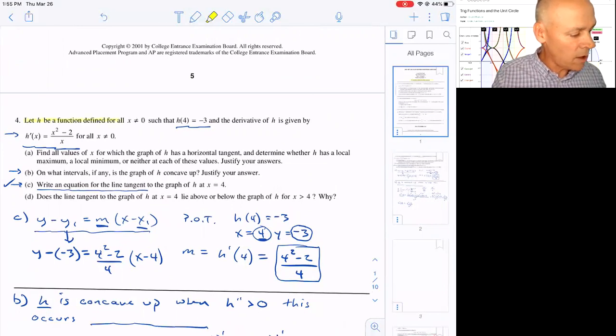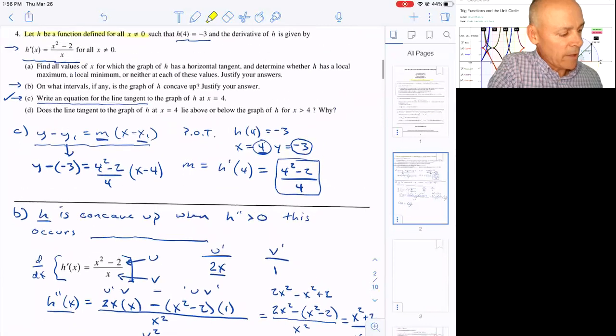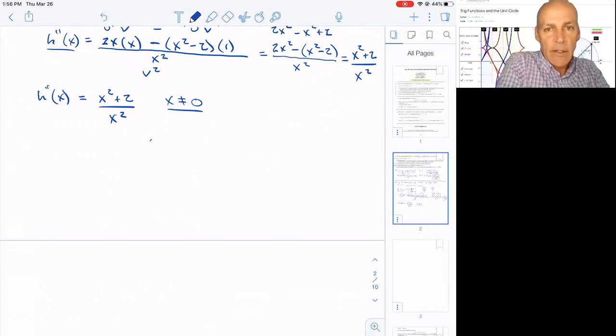It's defined for all x except x equal to 0. Okay, so x equal to 0 is not in the domain of my function h. So I'm only looking where h, as it's defined over its domain, is concave up. So I'm going to exclude x equal to 0. I'm not going to look at it.